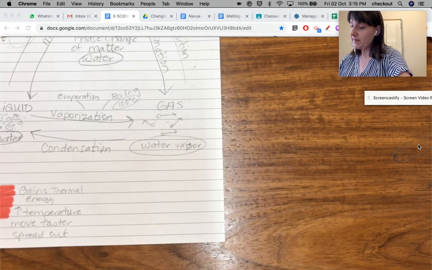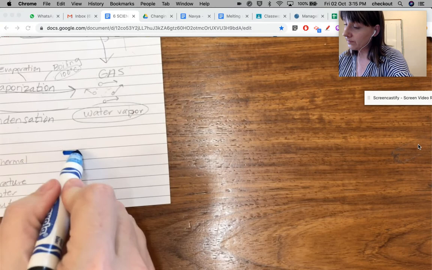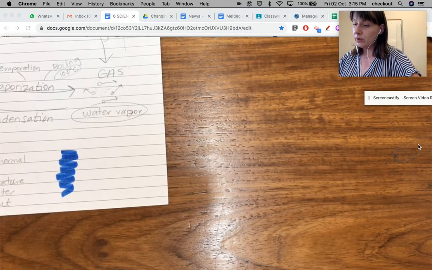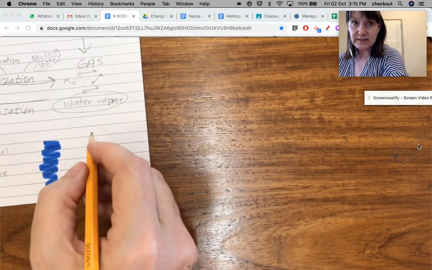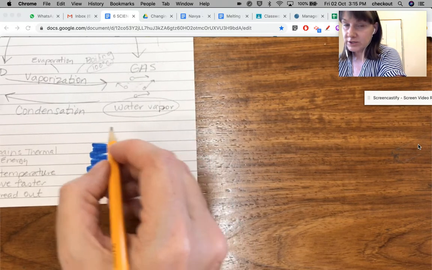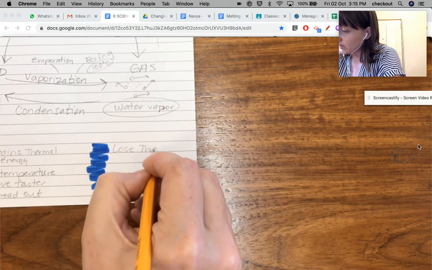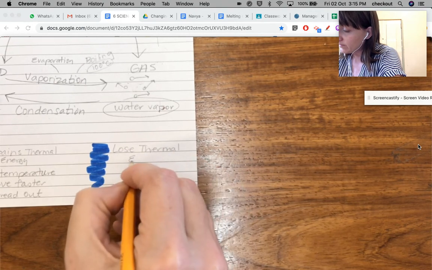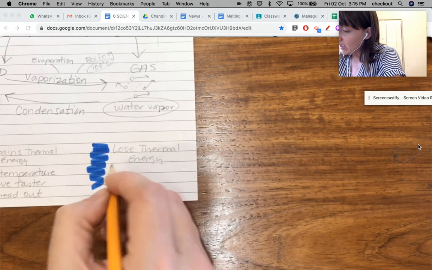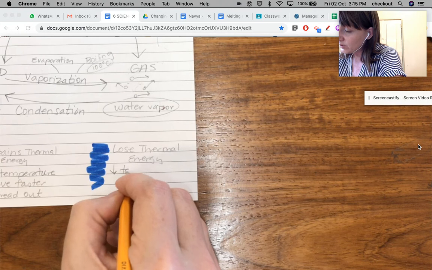All right, let's think about blue. Blue is going to be the opposite of this, a loss of thermal energy. That's a decrease in temperature.